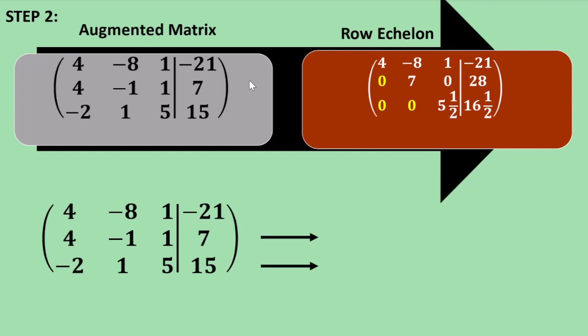In step number 2, we would be reducing the augmented matrix into the row echelon form using elementary row operations.